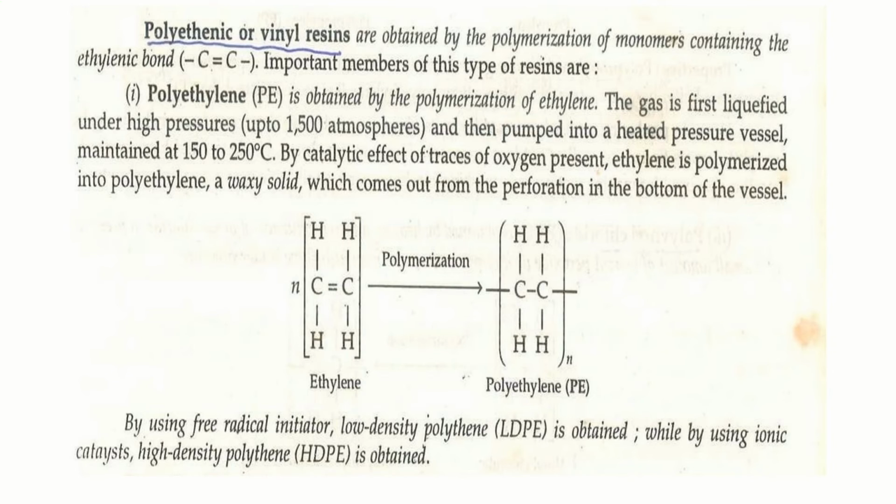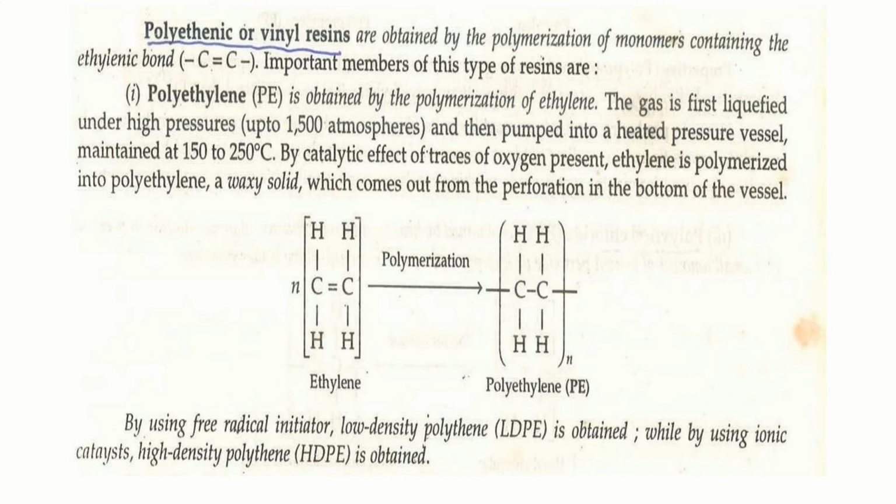First one is polyethylene. Polyethylene is formed from the ethylene molecule. We know the molecular formula of ethylene is CH2=CH2. The ethylene molecules are polymerized in the presence of temperature, pressure and catalyst to form polyethylene. Normally two types of polyethylene are formed, depending on the catalyst used in this reaction.